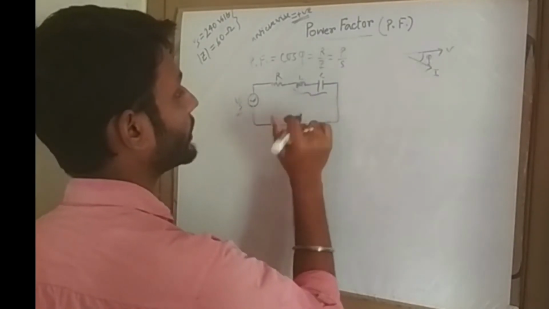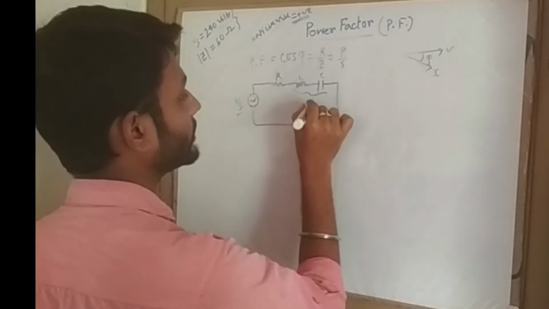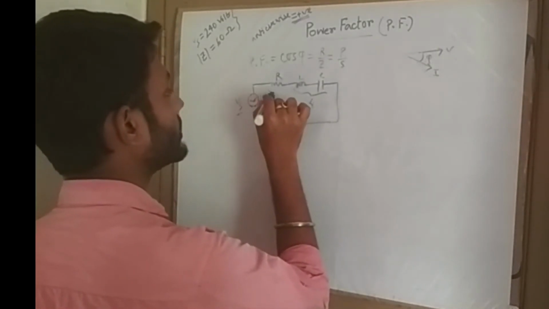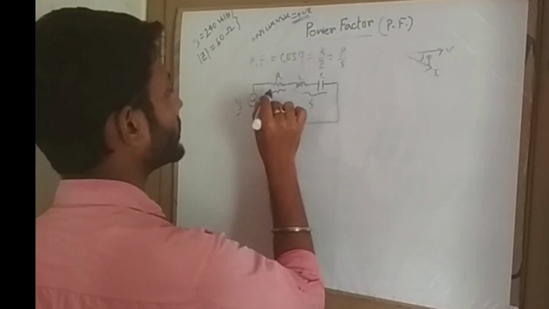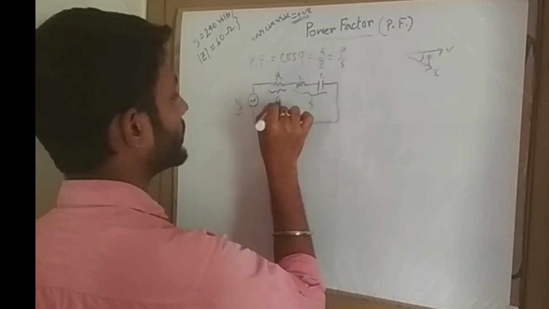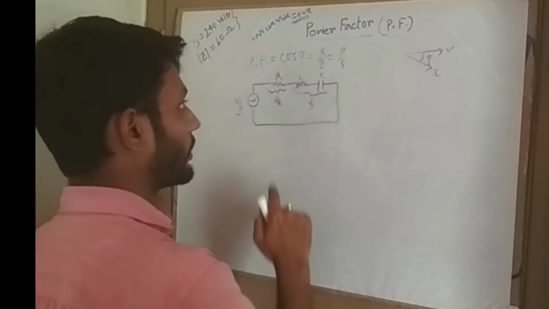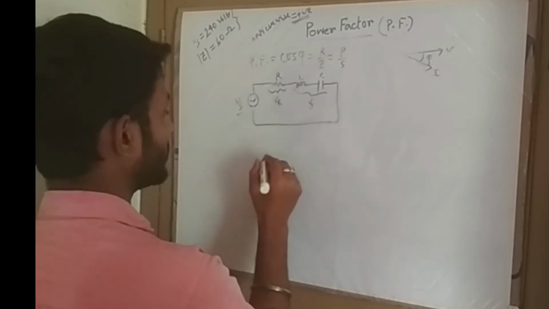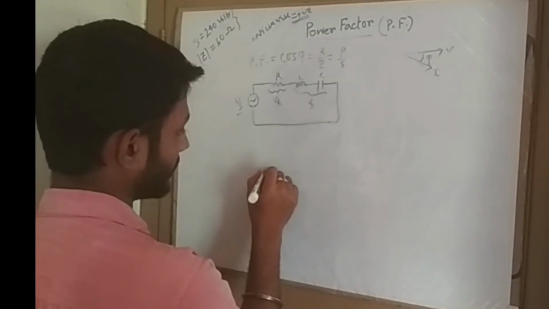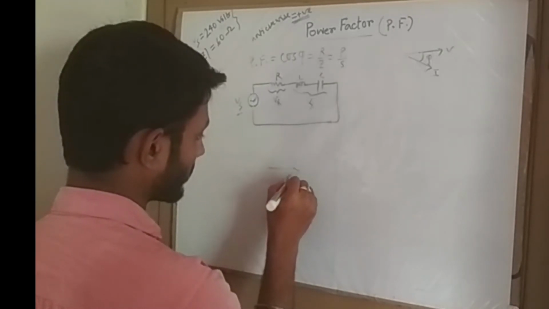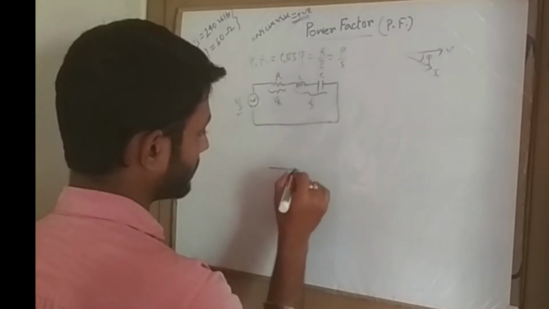Suppose for this reactive part, the voltage drop is Vx, and for this resistive part, the voltage drop across this resistor is Vr, and the supply voltage is Vs. For this circuit, the voltage triangle will be Vr.